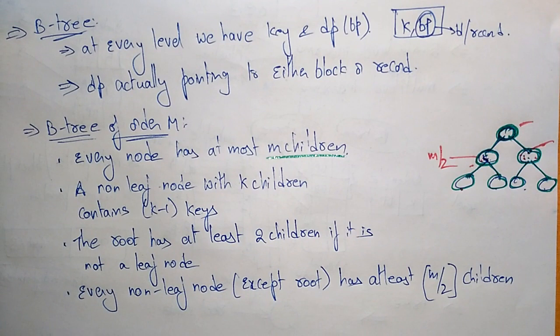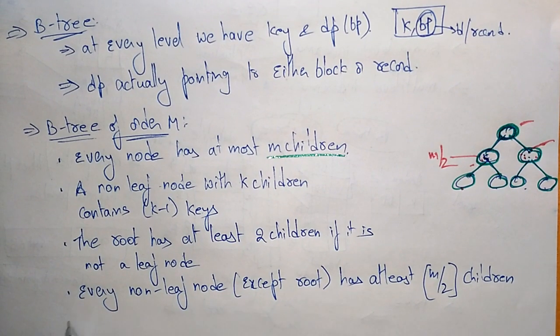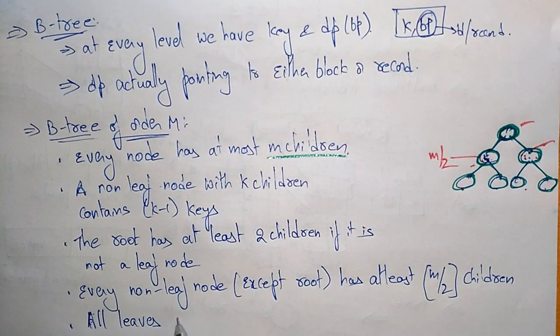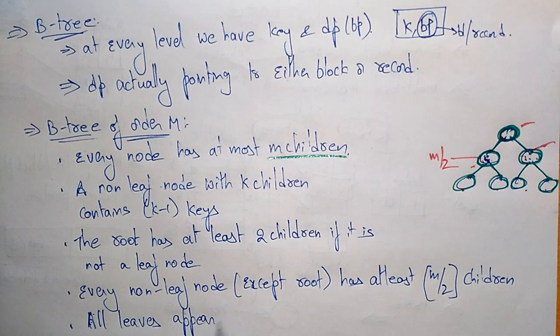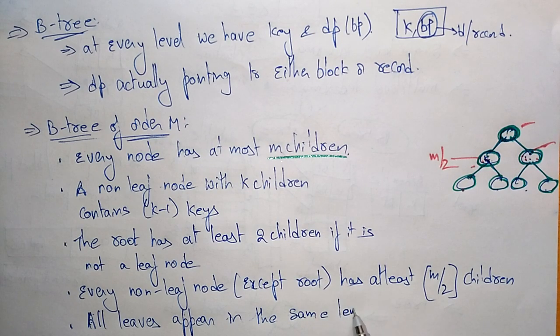And next, all leaves appear in the same level. So this is important. All the leaves that are present should appear in the same level. So these are the points about the B tree.